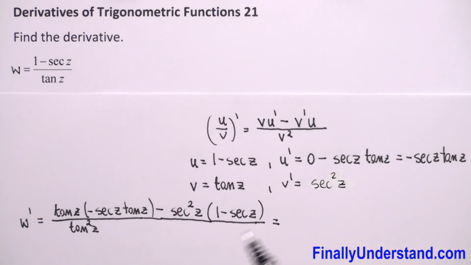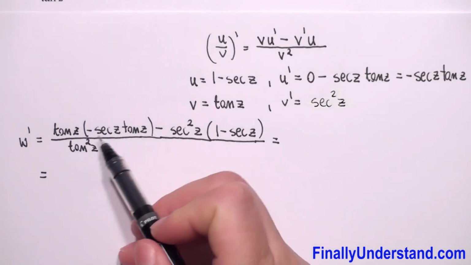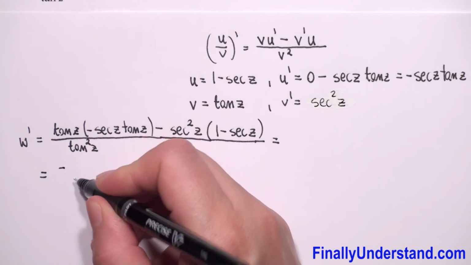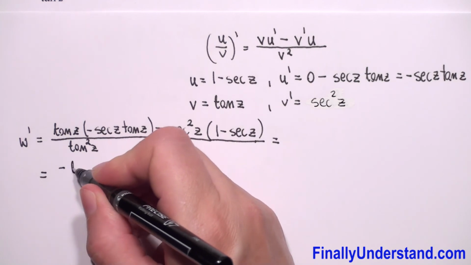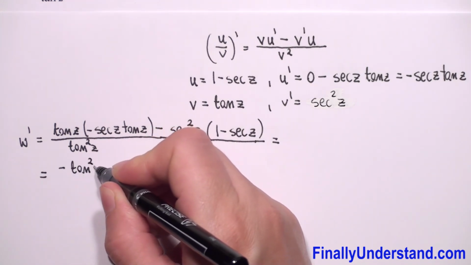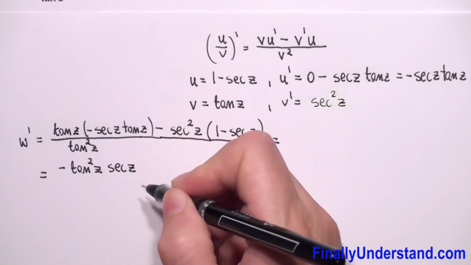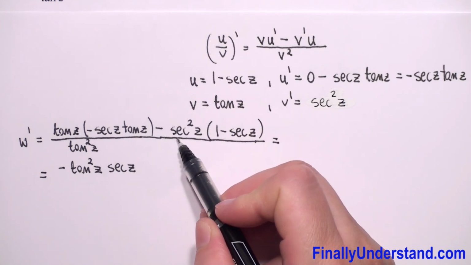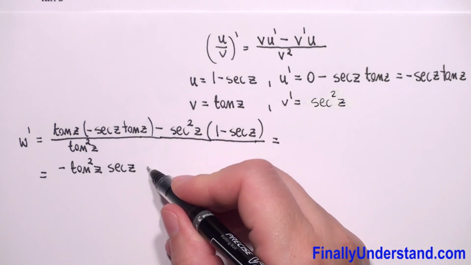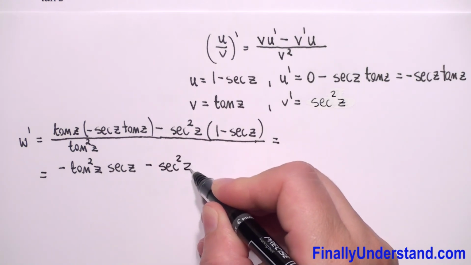This is equal to, we have positive times negative, which will be negative. Tangent will be tangent squared of z times secant z, minus we have secant squared times 1, which will be negative secant squared of z.